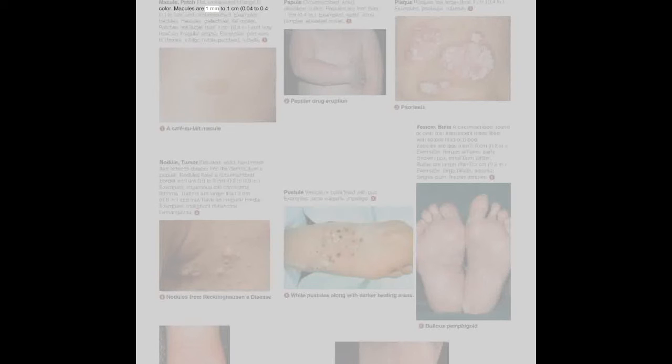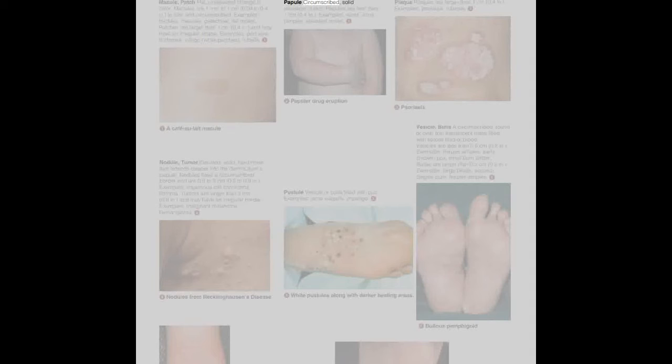Macules are 1 mm to 1 cm (0.04 to 0.4 in) in size and circumscribed. Examples: freckles, measles, petechiae, flat moles. Patches are larger than 1 cm (0.4 inches) and may have an irregular shape. Examples: port wine birthmark, vitiligo, white patches, rubella.